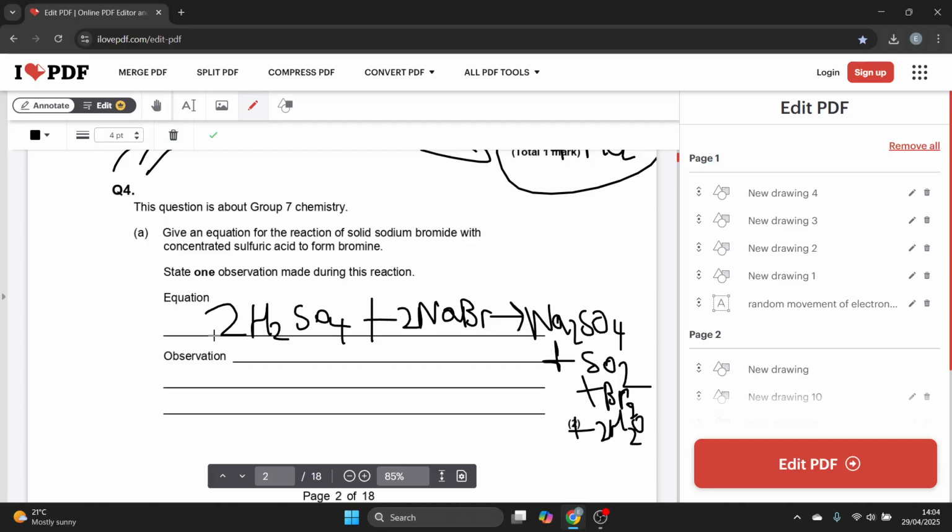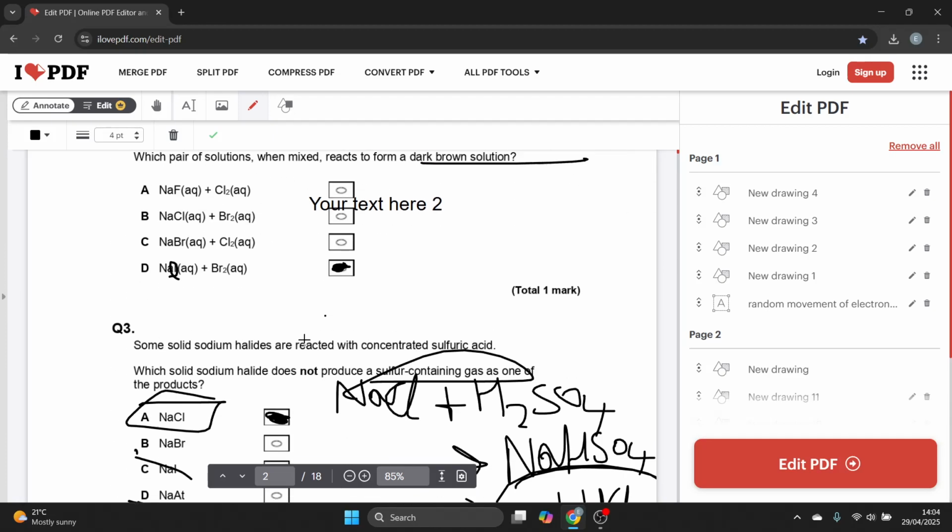And one observation made: brown fumes. I don't think any question has been application so far.